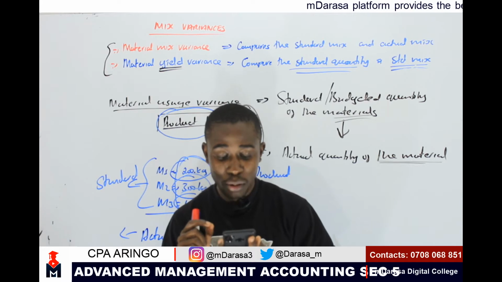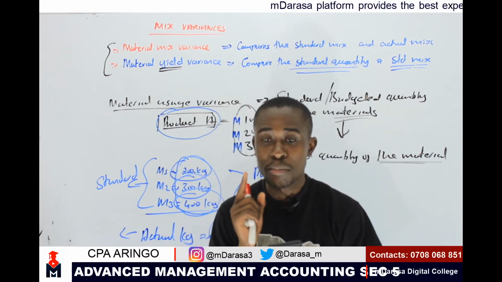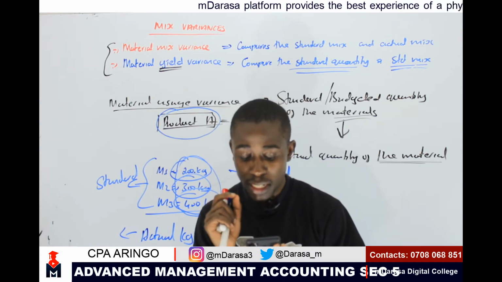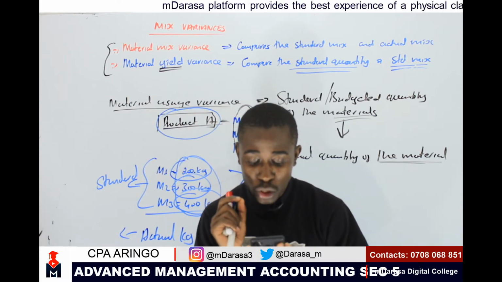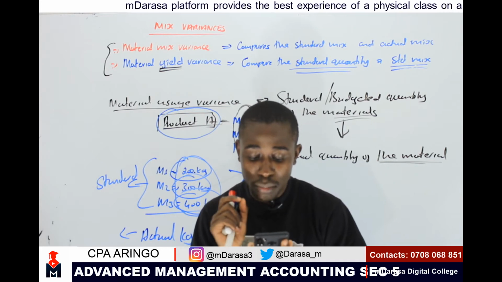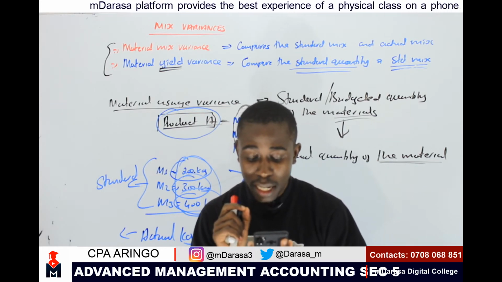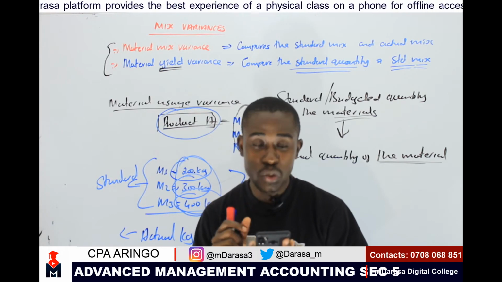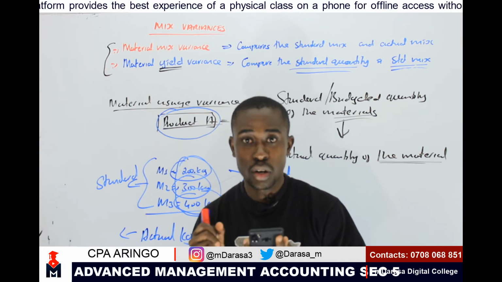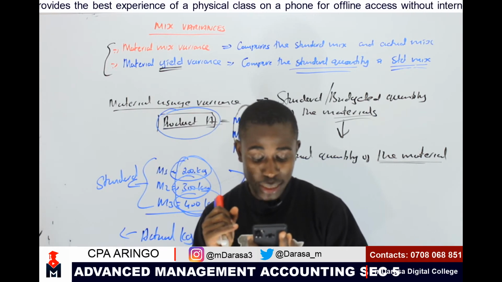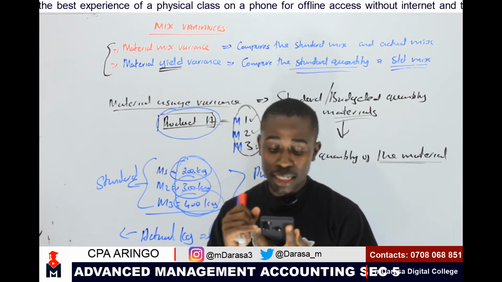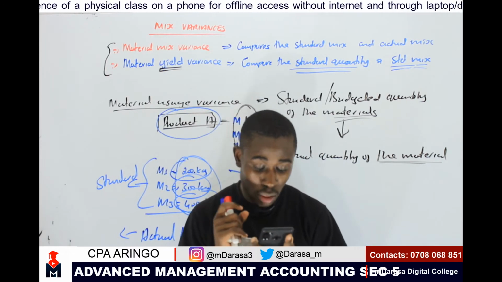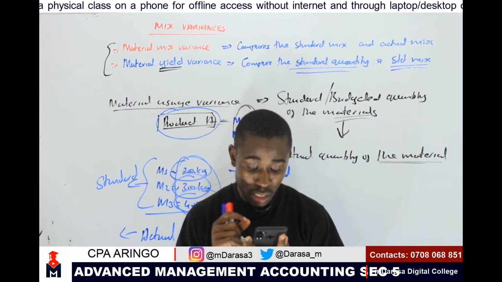During the month of March 2012, Chemically Limited manufactured 115,000 units of Maliza using 35 kg of PP, 2,000 kg of KK, 1,900 kg of MM. So this is the actual that I'm given, the usage.